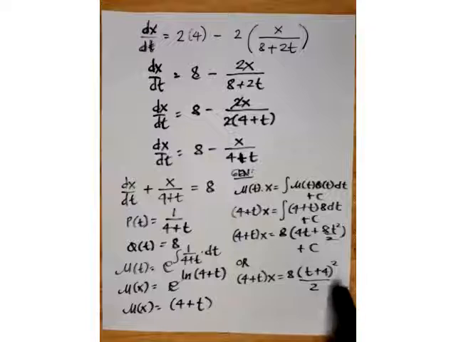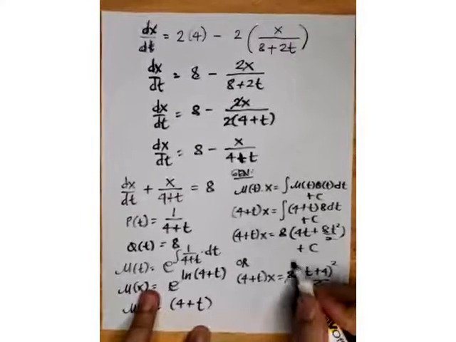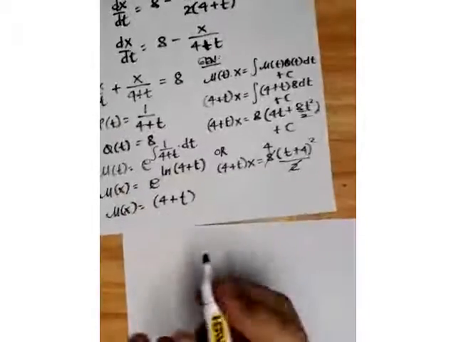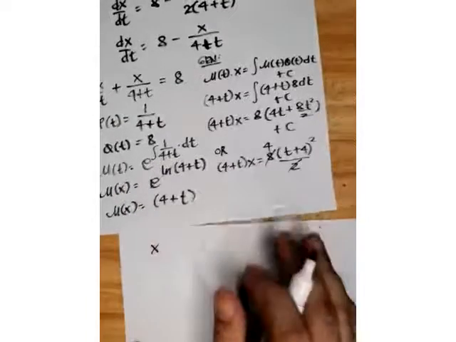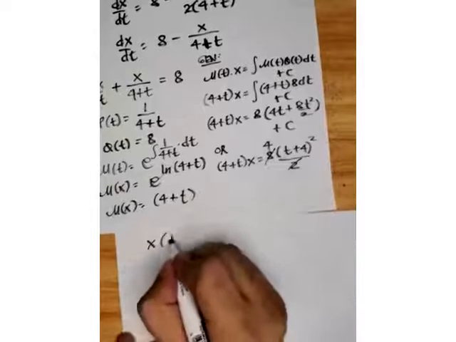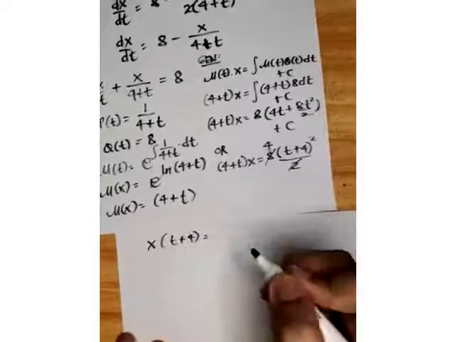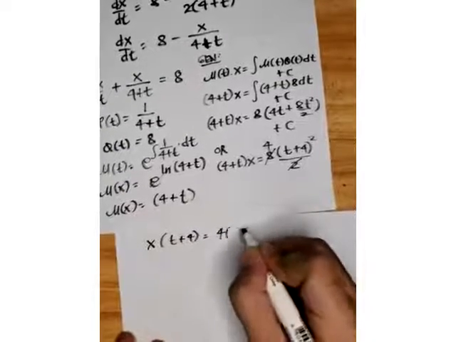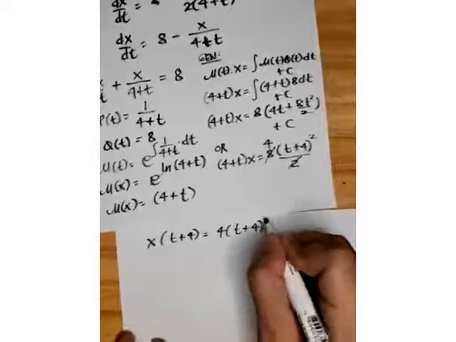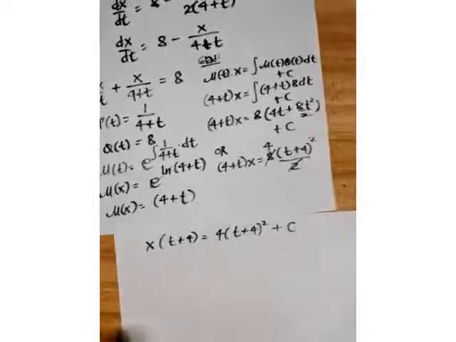So ito na lang susundan natin. Ayan. So we can cancel that 8. So this will become 4. So we'll have x times (t plus 4) is equal to, pinagbaliktad ko lang, 4 times (t plus 4) squared plus c.